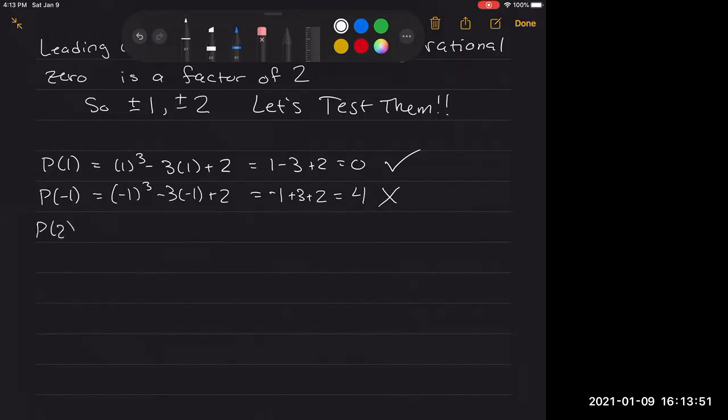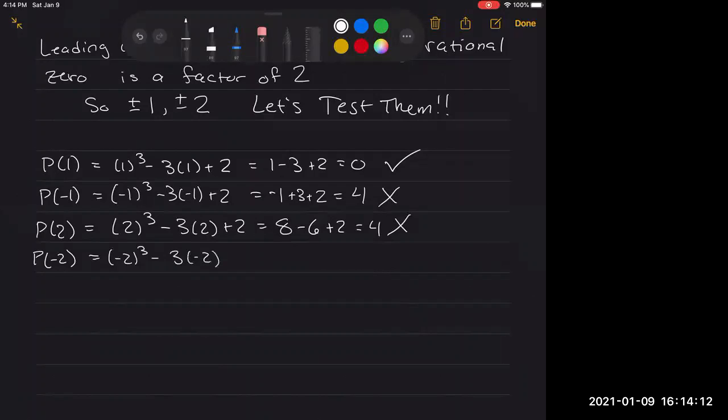And then p of 2, this is 2 cubed minus 3 times 2 plus 2, which equals 8 minus 6 plus 2. This equals 4. This is also not a 0. And then p of negative 2. So we get negative 2 cubed minus 3 times negative 2 plus 2. And this is negative 8 plus 6 plus 2.